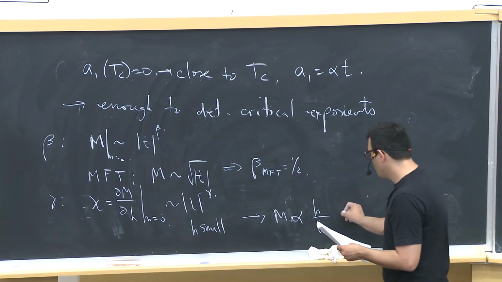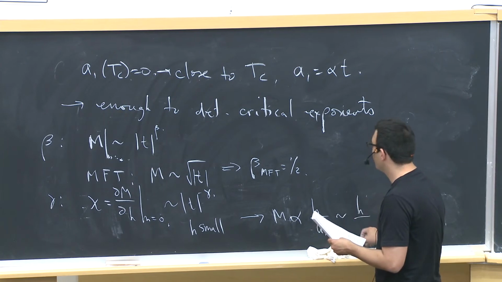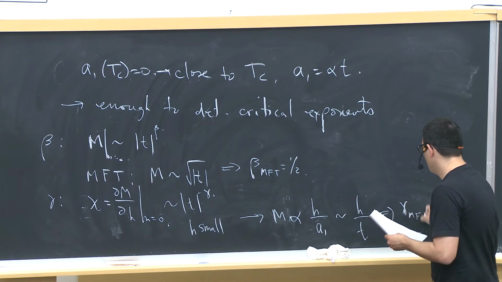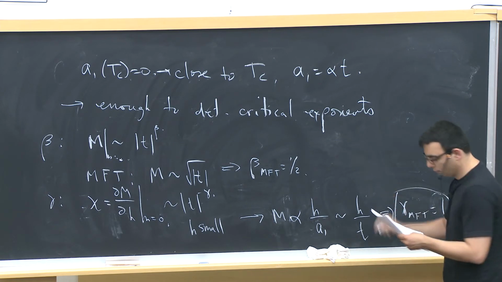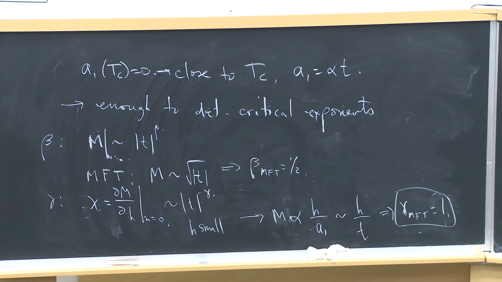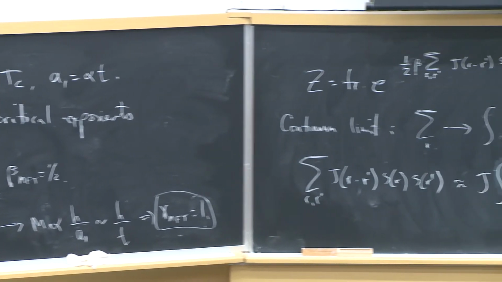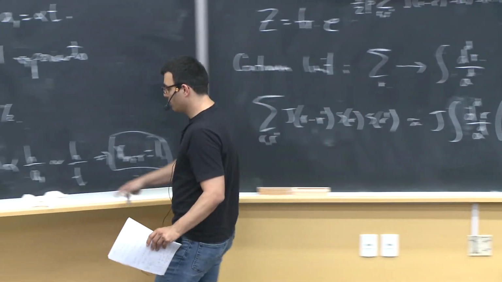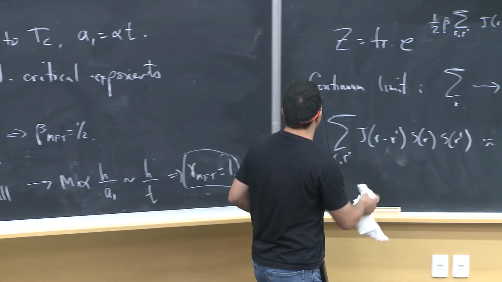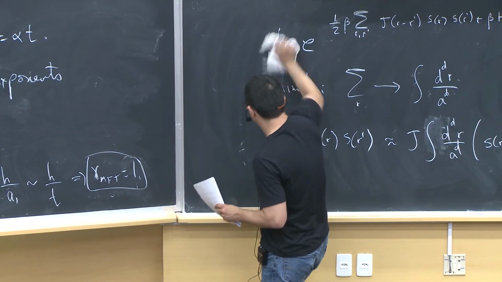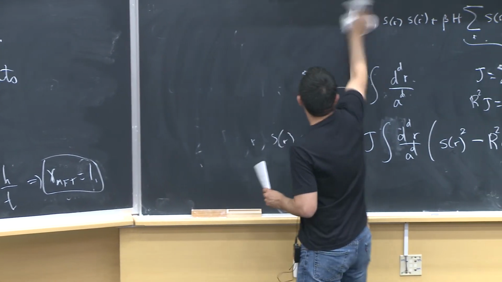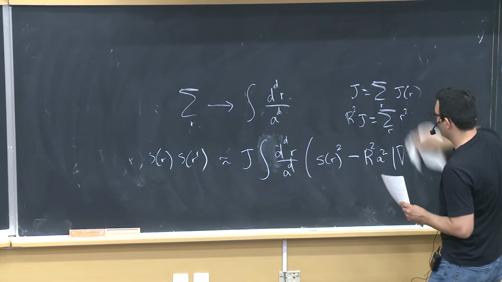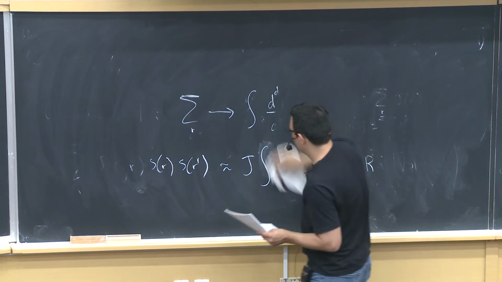A1 is proportional to T. So this is proportional to H over little t. So that means that gamma in mean field theory is equal to 1. And so on. One can derive all the other critical exponents in mean field theory. But, as I said before, this isn't what's observed in 3 dimensions. So this must mean that the saddle point approximation is not a good approximation.